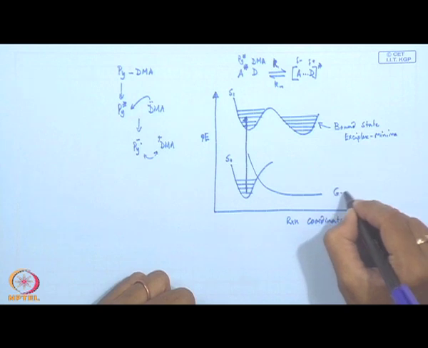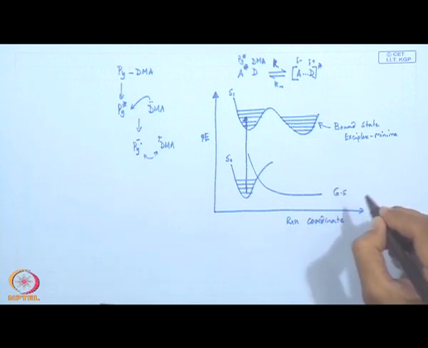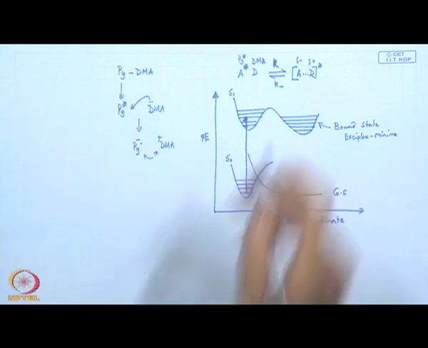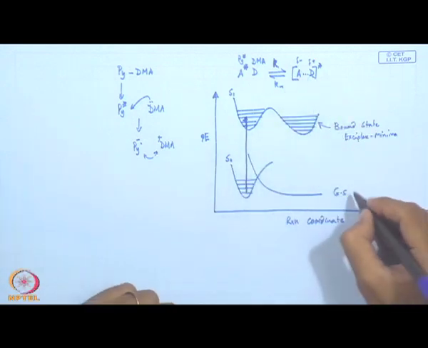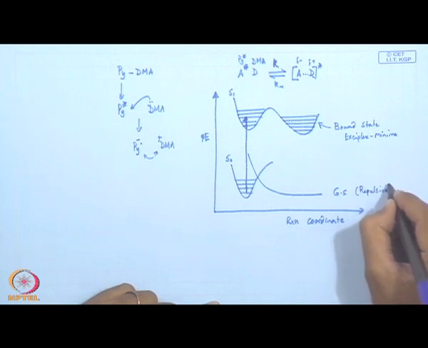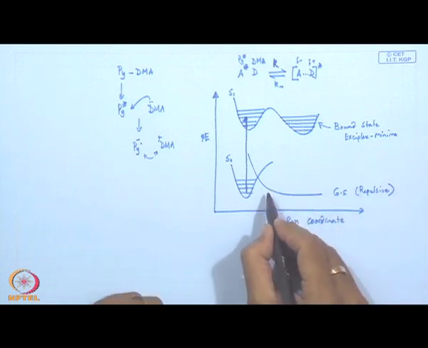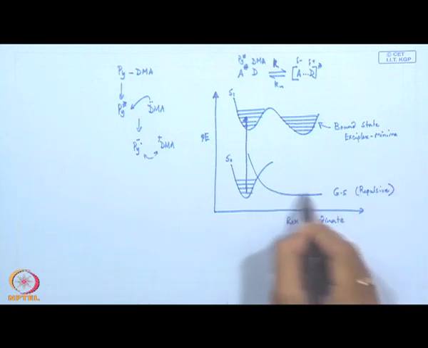The ground state corresponding to the exciplex, this pair of A and D, is repulsive. So, a repulsive ground state. Okay.